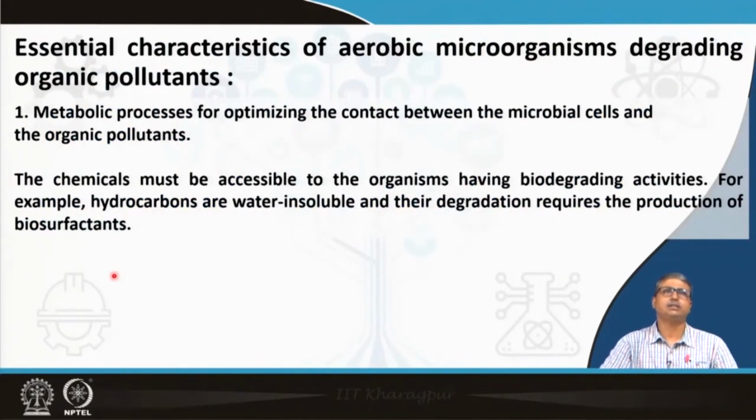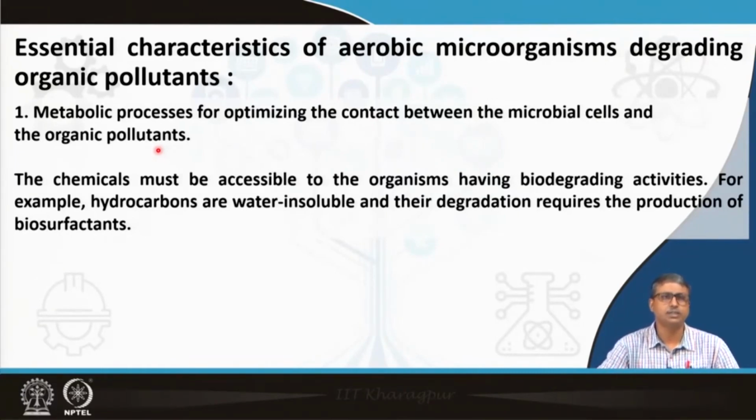Some of the essential characteristics of aerobic microorganisms degrading the organic pollutants are, first, the metabolic processes for optimizing the contact between the microbial cells and the organic pollutants. The organic pollutants are often hydrophobic, so the microorganisms need to adopt some mechanism through which contact is established between the hydrocarbon molecule and the microbial cells.